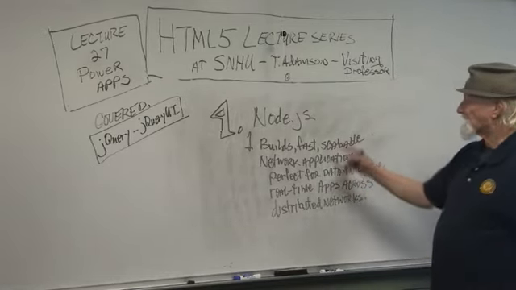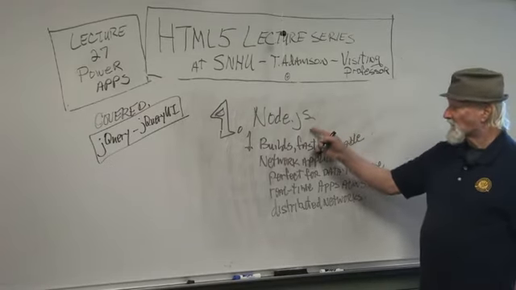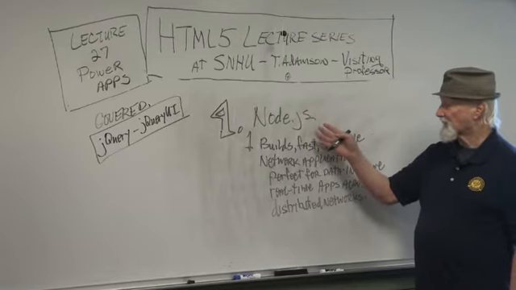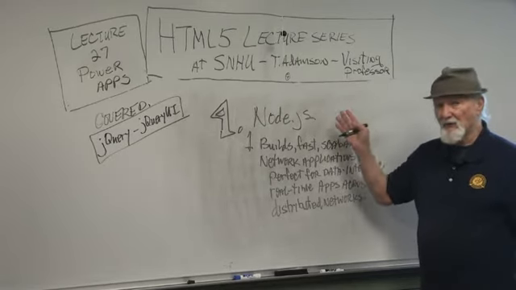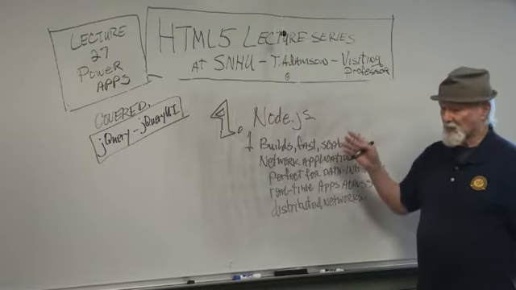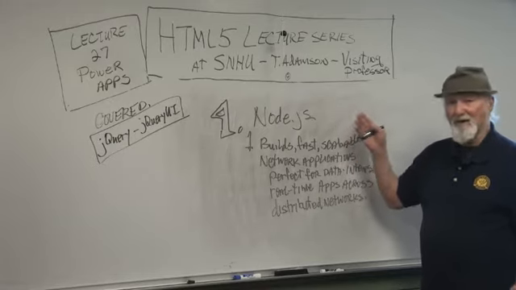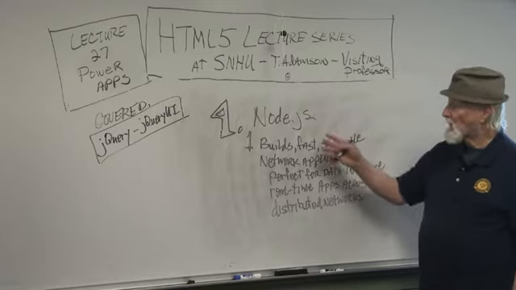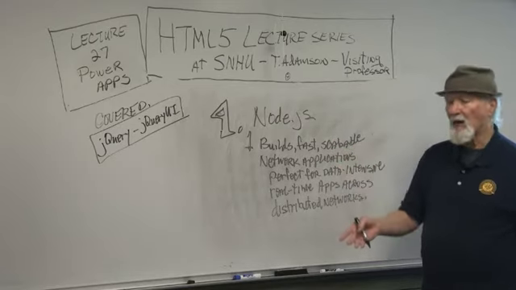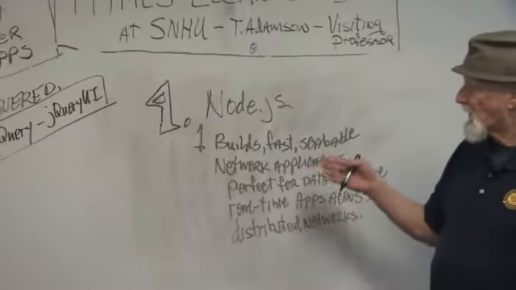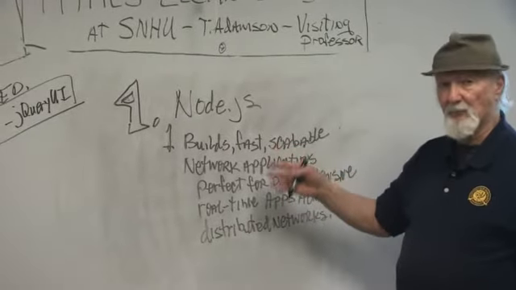Now, this says a lot for Node.js. What this means is that this replaces languages that are traditionally used on the server. Like, for example, a language like PHP. If I'm going to be coding in JavaScript on the client, which I'm going to do if I use HTML5, then why not also code in JavaScript on the server?